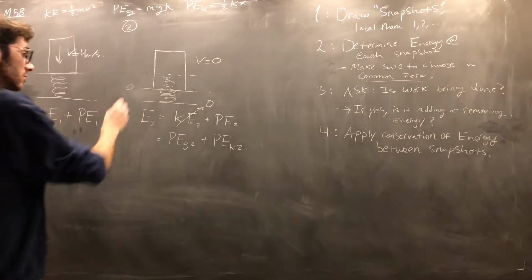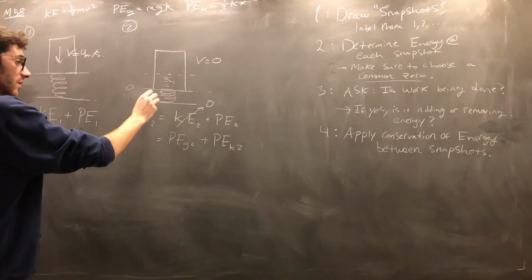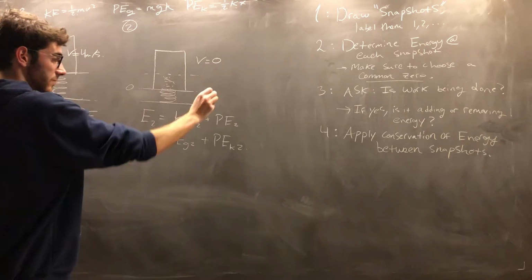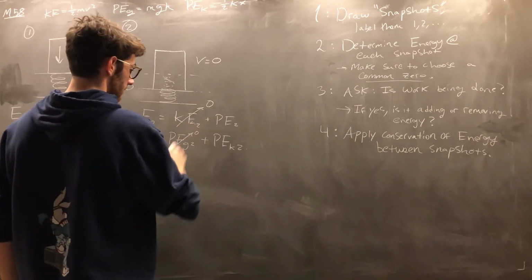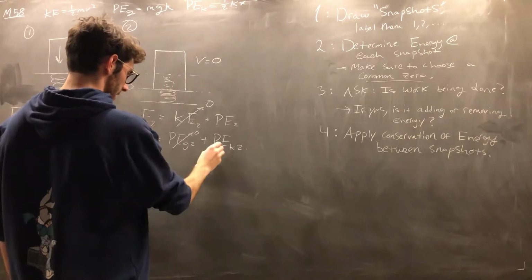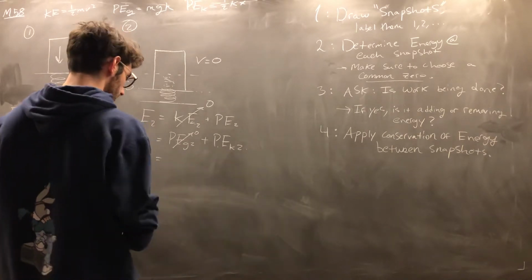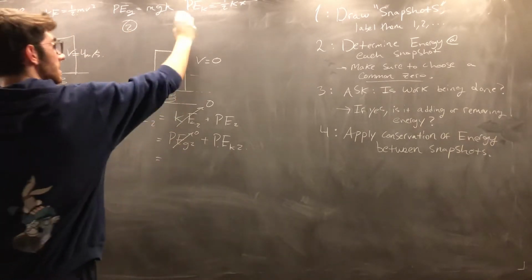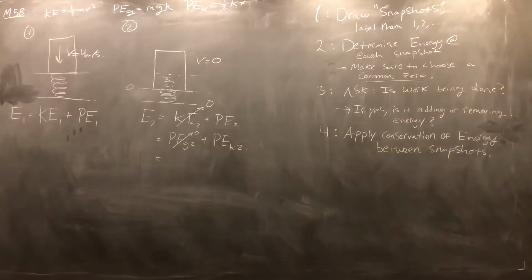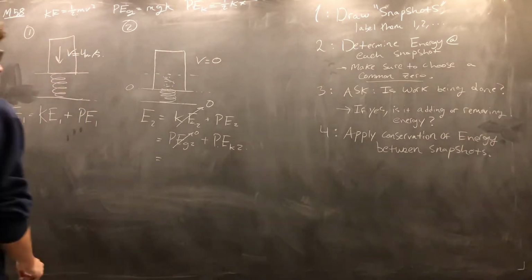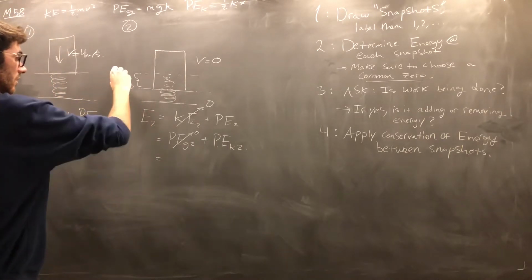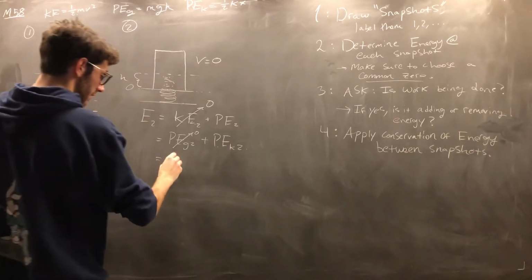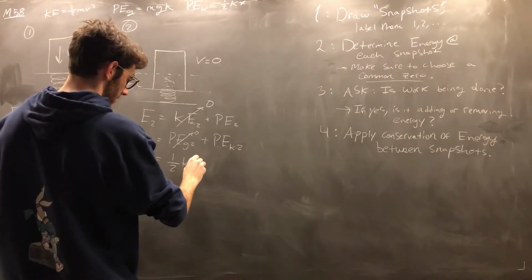So if we choose our 0 wisely by putting it at the farthest place down that the elevator will go, we can completely eliminate this term altogether. And so the only contribution we have is this PE sub k, which is going to be a 1/2 kx squared kind of thing. And the compressed length will be this distance here, which I'll call h. So then we can have this as 1/2 k h squared.